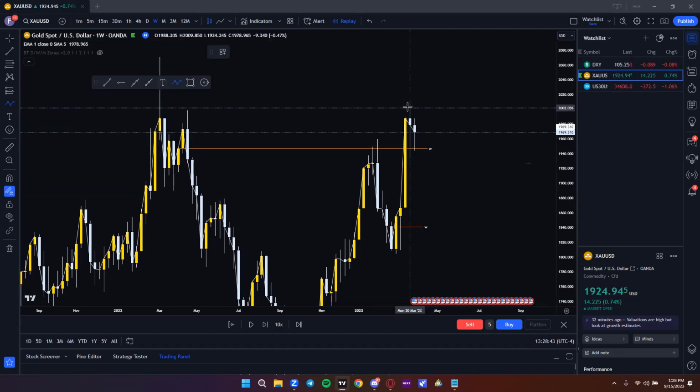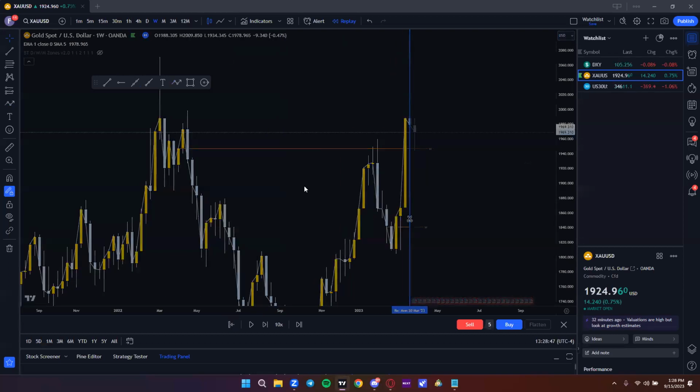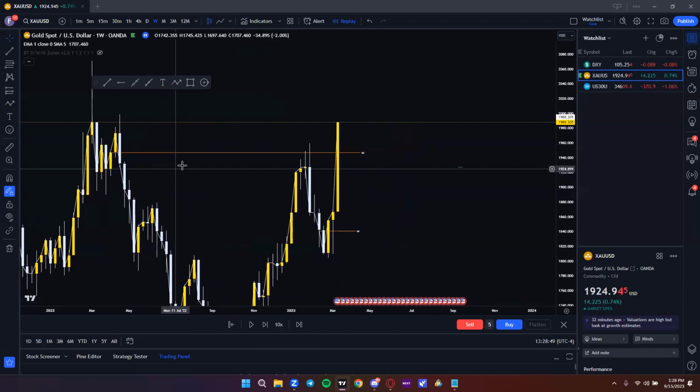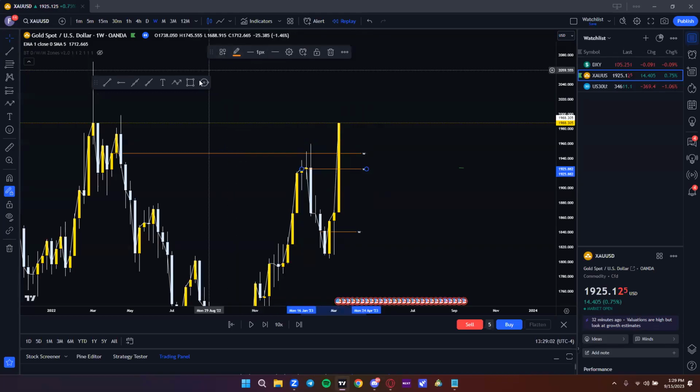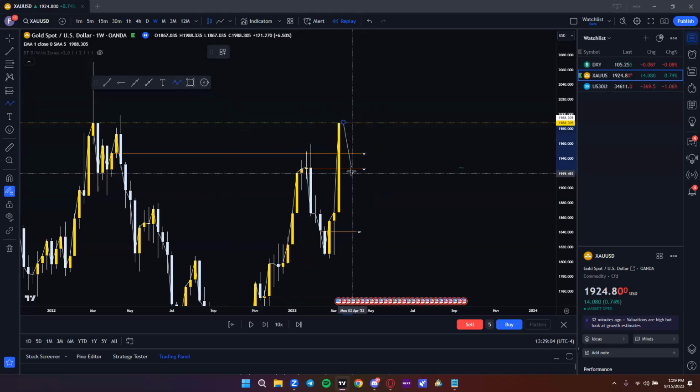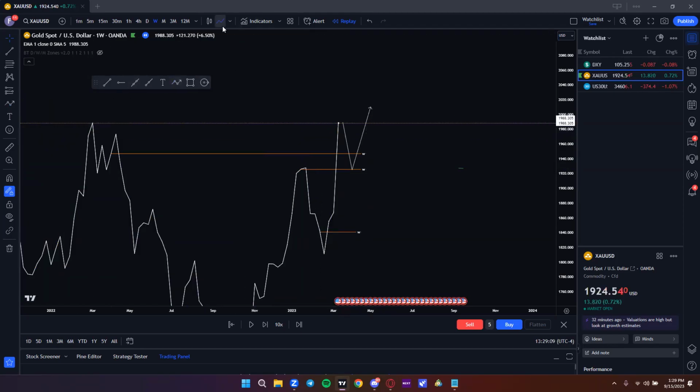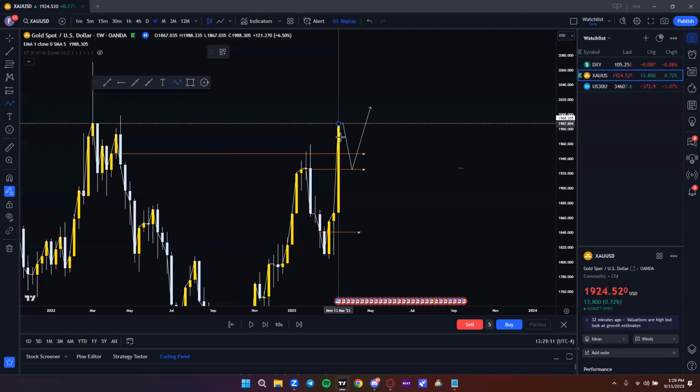What we monitor is for price to, let me just actually, this is also a breakout level. We're going to monitor price to come to the source point and go.